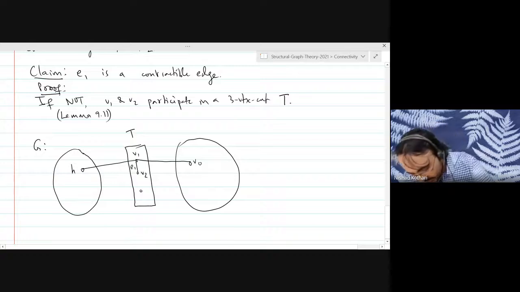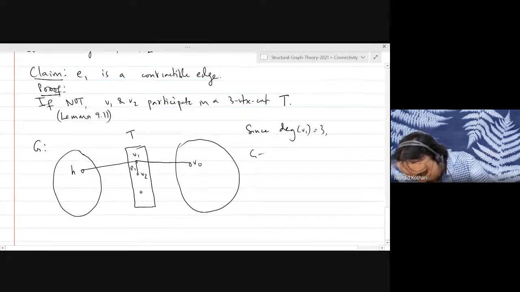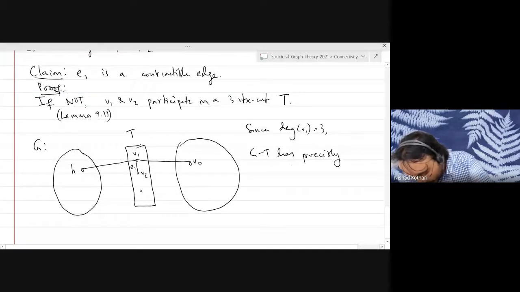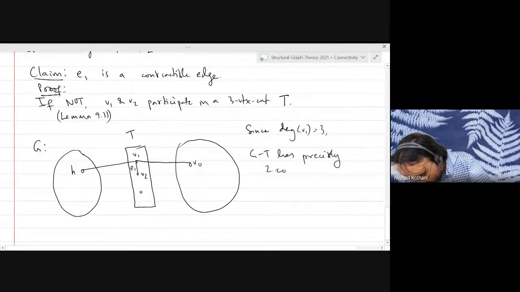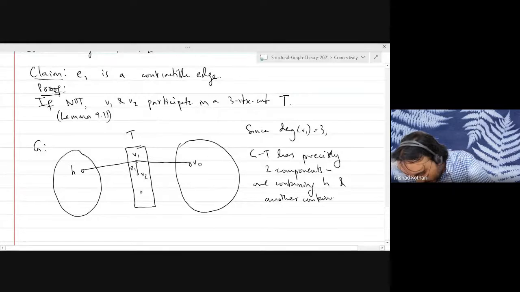Okay? Since degree of V1 is equal to 3, we conclude that G minus T has precisely 2 components. Okay? One containing H and another containing V0.